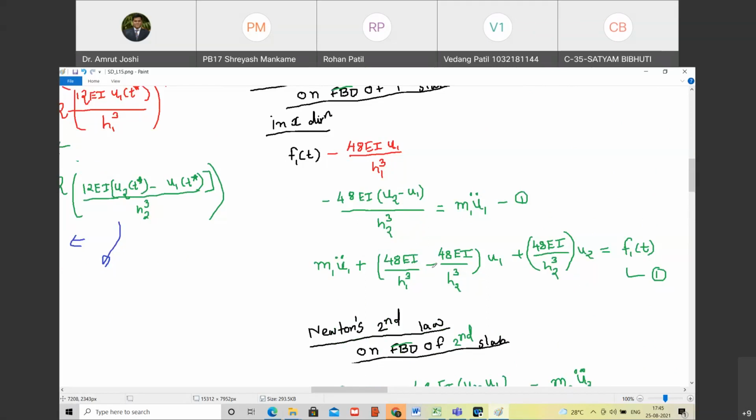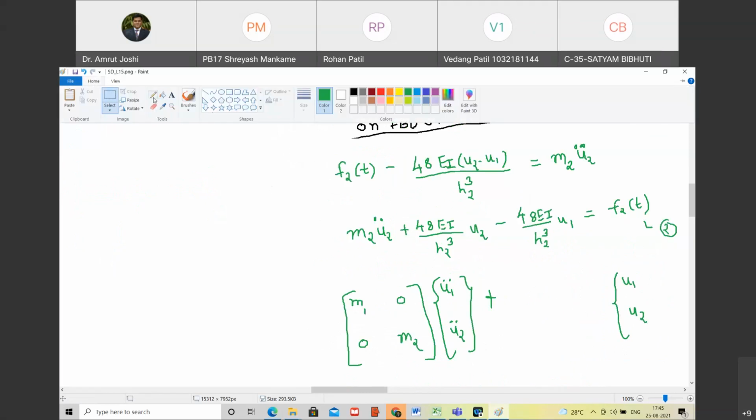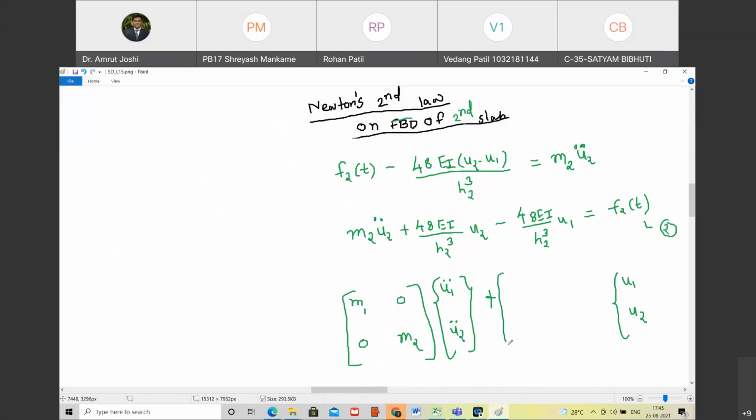Just give me a second. How do I write it?